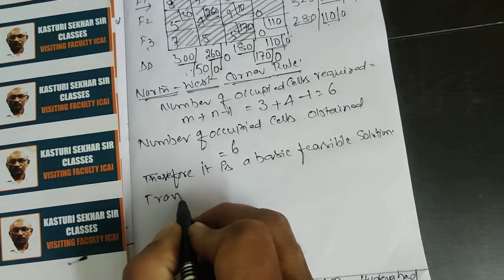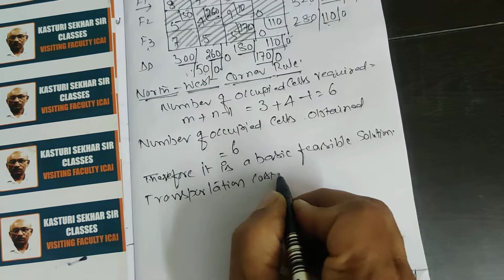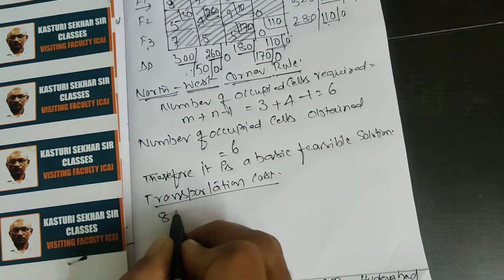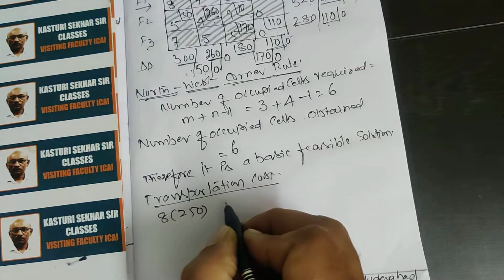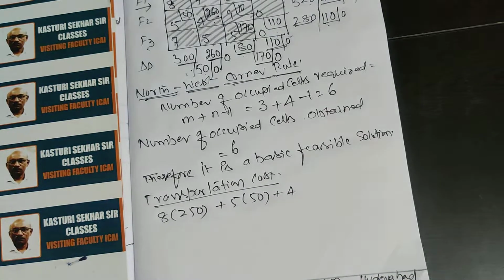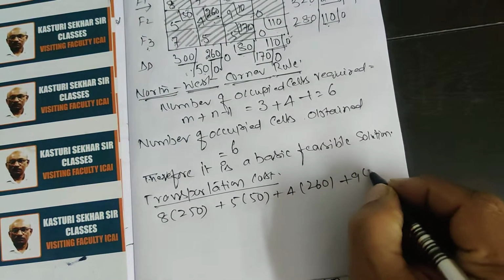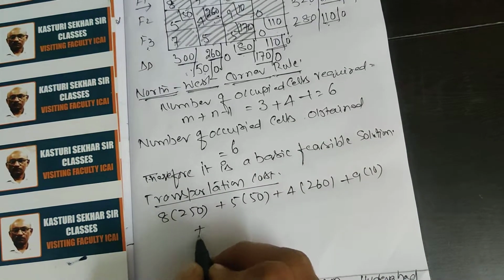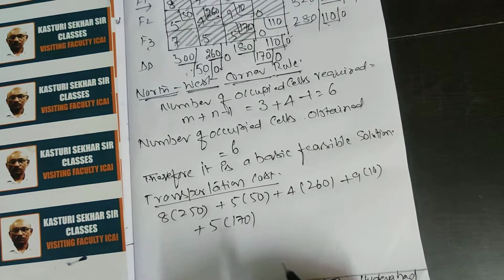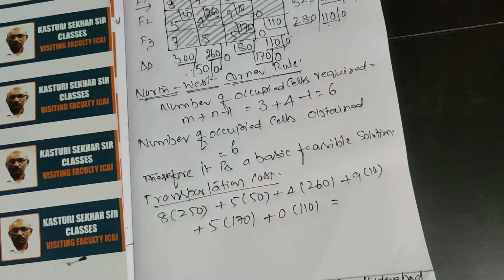Let us calculate transportation cost. 8 rupees per unit, 250 units are supplied. 5 rupees per unit cost, 50 units are supplied. 4 rupees per unit cost, 260 units are supplied. 9 rupees per unit, 10 units are supplied. 5 rupees per unit cost, 170 units are supplied. 0 per unit cost, 110 units are supplied.